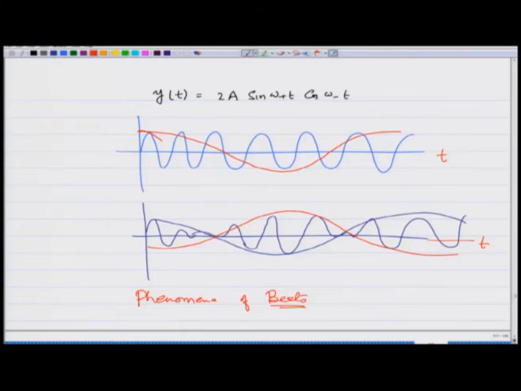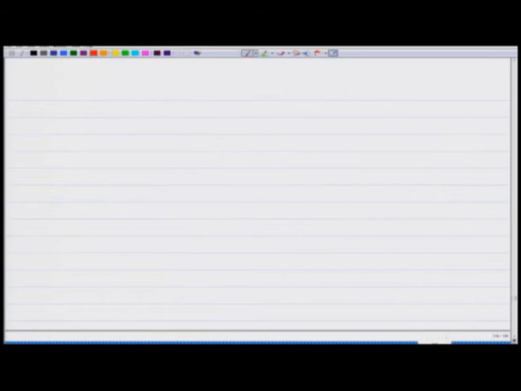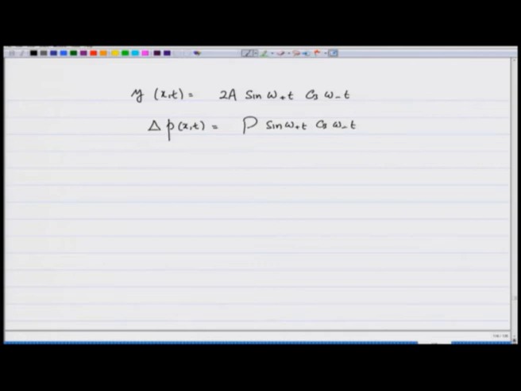And what is the frequency of beats? Now notice that my amplitude y(x,t) is 2a sine of omega plus t cosine of omega minus t. In the case of sound, delta p(x,t) is going to be some large pressure p sine of omega plus t cosine of omega minus t, and the energy that you are going to get is proportional to delta p square.